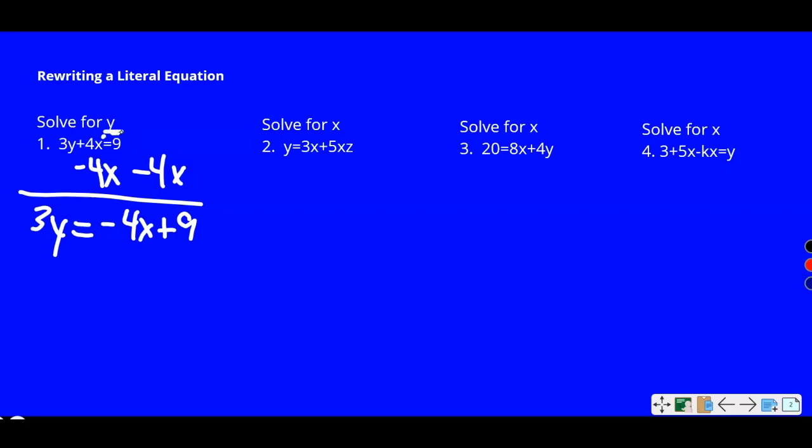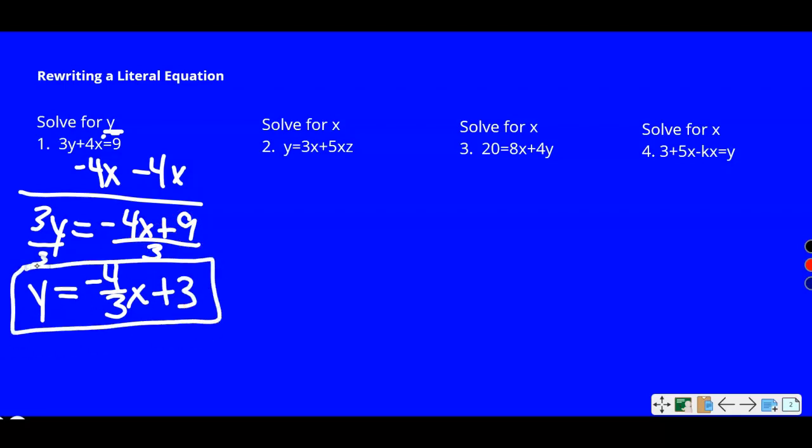We have 3 times y, so we need to divide by 3. So y equals, and then everything's divided by 3. You can see negative 4/3 is your fraction there, so negative 4/3 times x, and then plus 9 over 3. 9 over 3 can be reduced to a whole number, 3.